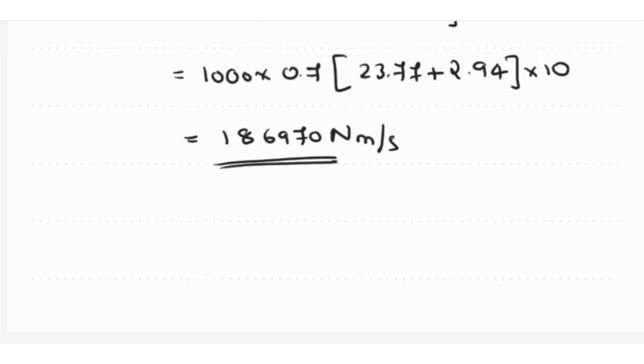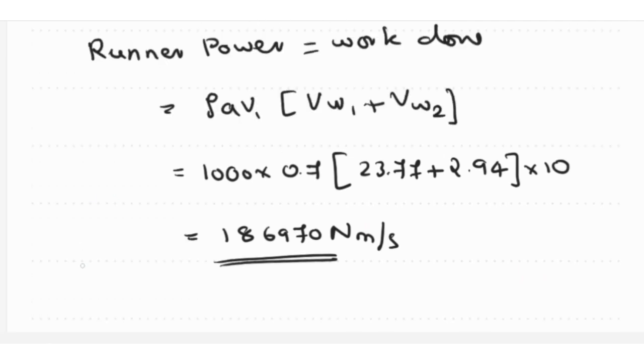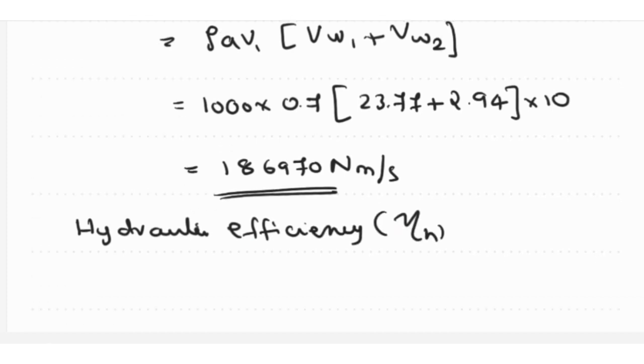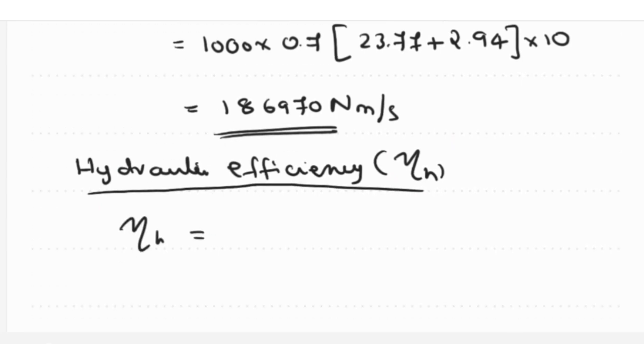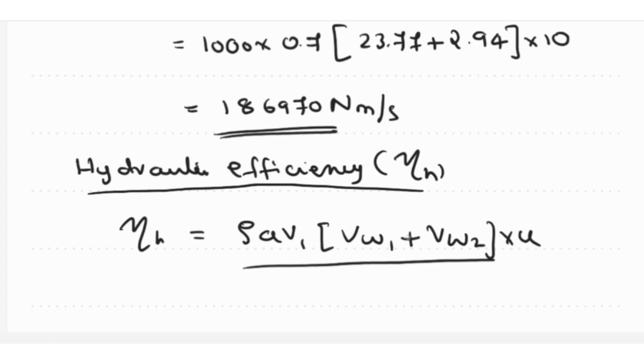Next we should go with the hydraulic efficiency. Eta H is equal to input, which is nothing but work done, that is rho into A into V1 into VW1 plus VW2 into U, divided by output, which is the kinetic energy, half into rho into A into V1 into V1 square. So here this and this get cancelled.